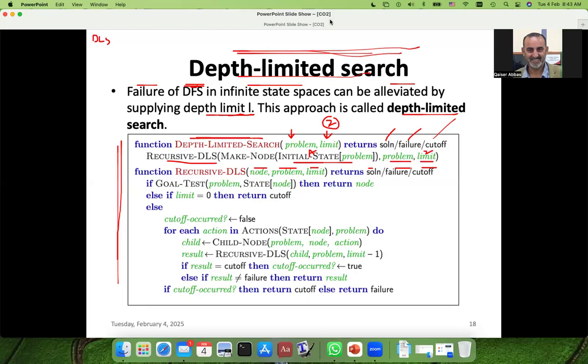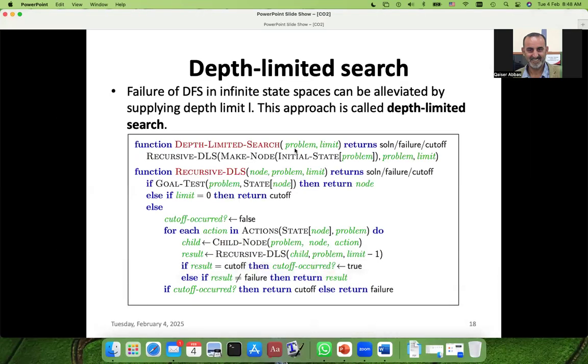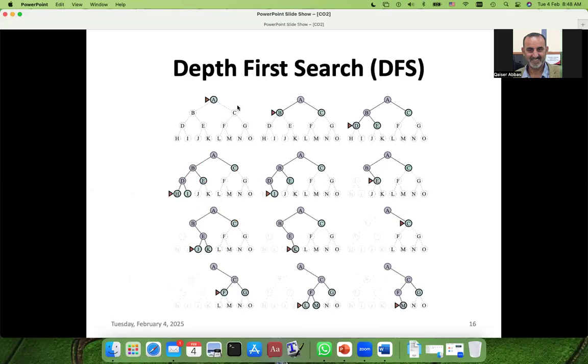So now my first call is DLS, problem and limit. I am writing capital DLS, whatever the problem is, and the limit may be 2. The problem is the state space.